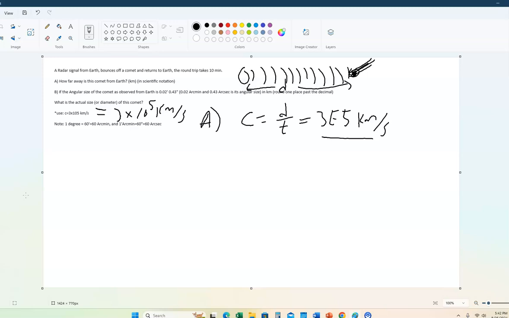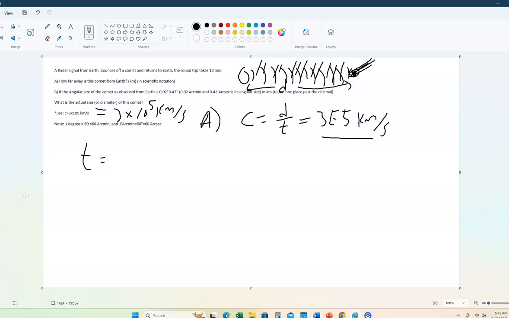But they give us the round trip time. The radar hits the comet, and then it bounces back. That's a wonderful thing about radar, it will bounce back. So the time we're interested in is really half the round trip time.